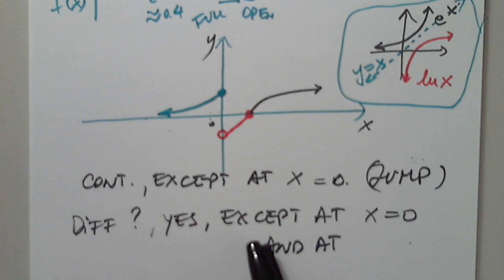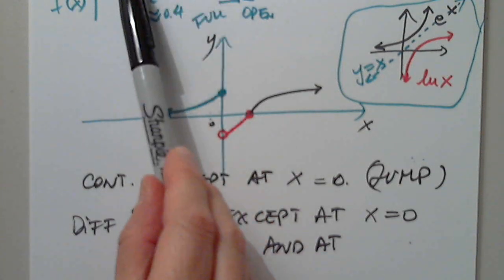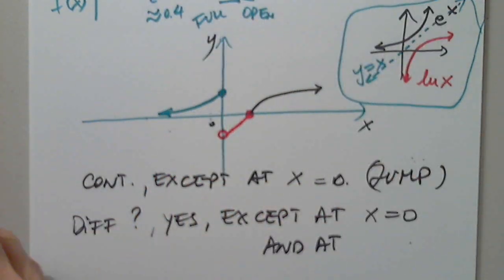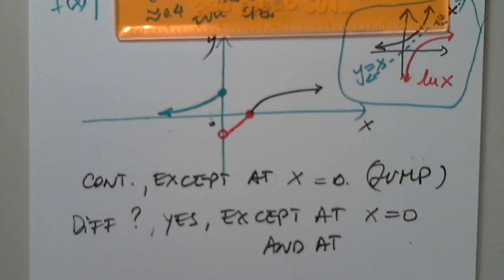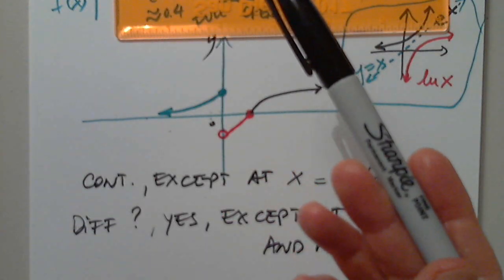Talia, what do you think? Except that x equals 0 and y equals -1. So this is at x equals 0. We're talking about x values. We're not talking about the y values. When we say the function is continuous, we are looking at x values.